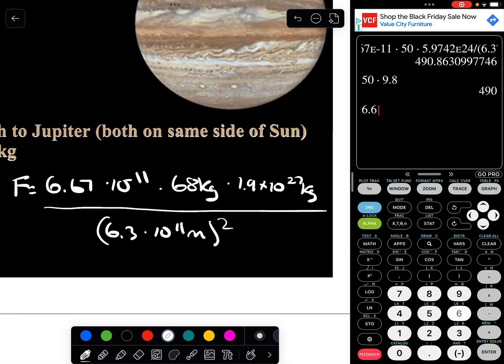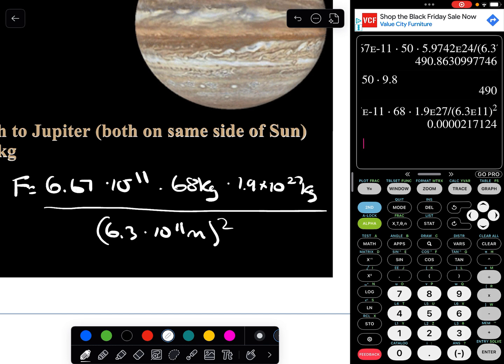So 6.67 second EE, negative 11th, times 68 times 1.9 second EE 27. So there's your numerator, divided by, I'm going to put it in parentheses, 6.3 second EE 11. So that whole thing, and then squared. So there's your distance squared.